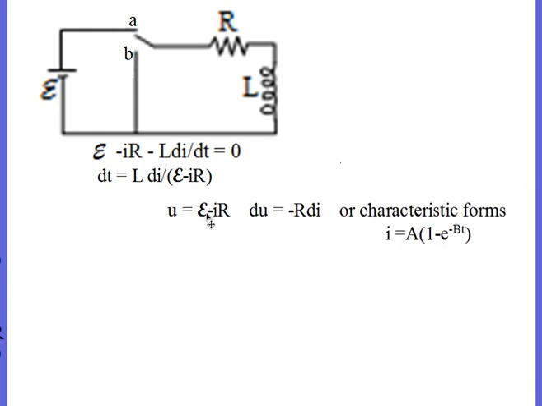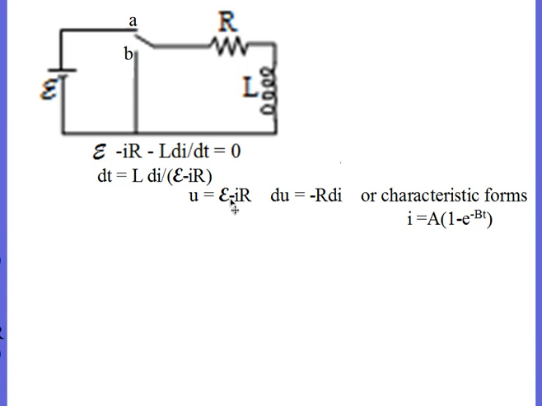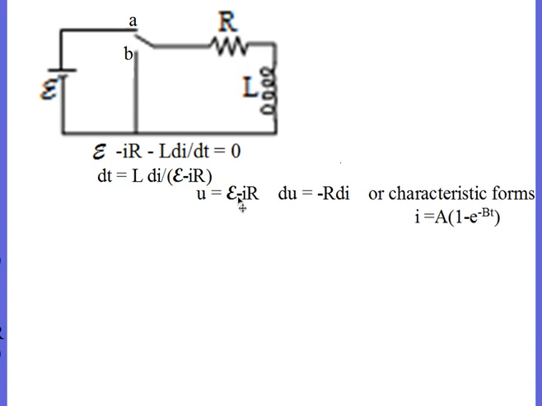Now I've got this over that, so I can let u equal this term here, and then du, if you take the derivative of this, would be minus R di, this being a constant.